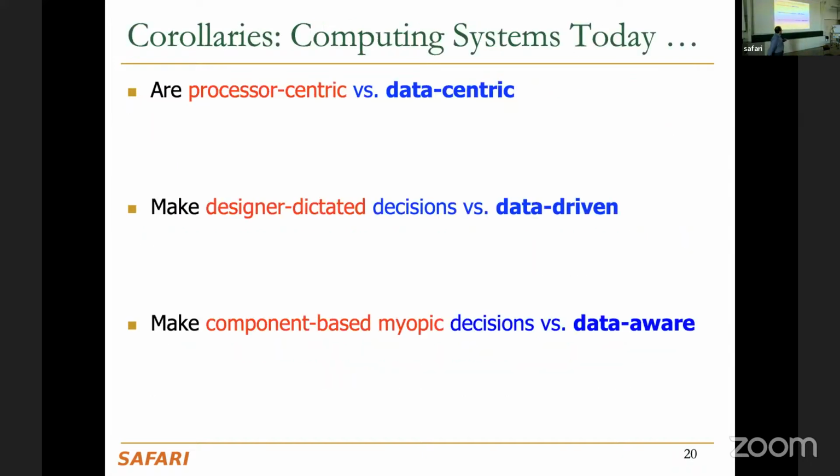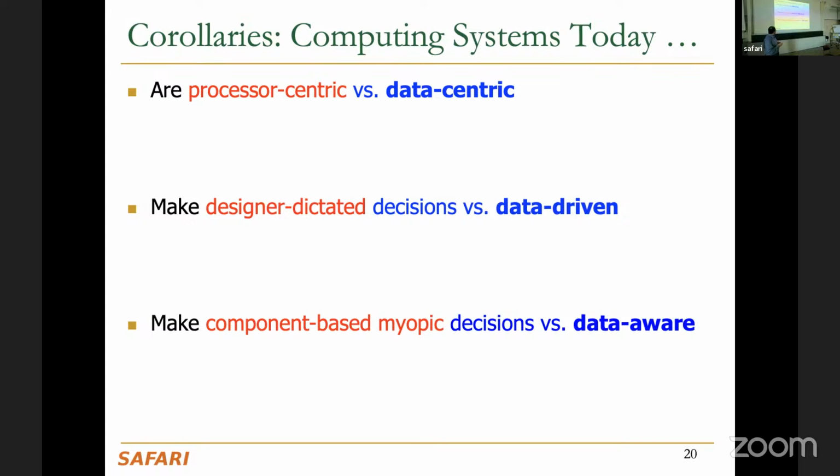Computing systems today are processor-centric, but we really need to get to data-centric. A big part of this lecture is about data-centric computing, by which we mean processing where data resides, or where it makes sense. Also, instead of making designer-dictated decisions, we want to make data-driven decisions, using machine learning algorithms like a reinforcement learning agent, for example, to adapt our policies on the fly.